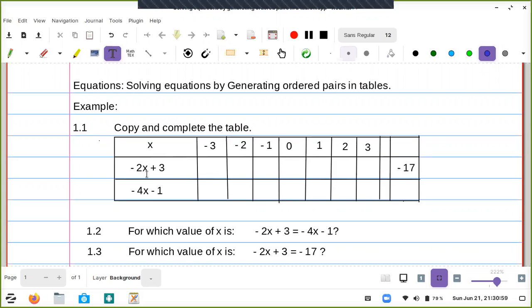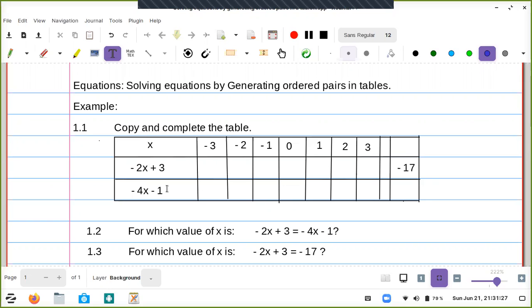Instead of writing it as -2x plus 3 only, it can as well be written as y equals -2x plus 3. In that case, it becomes an equation, which means we are to solve for the value of y after substituting x here.